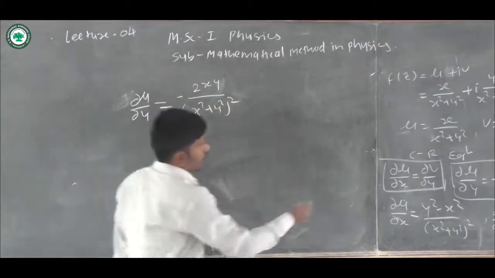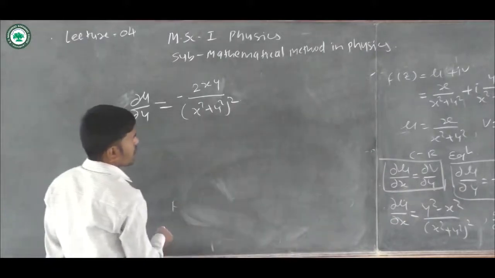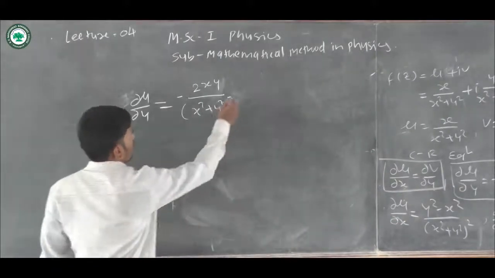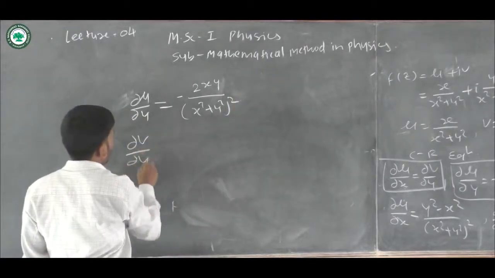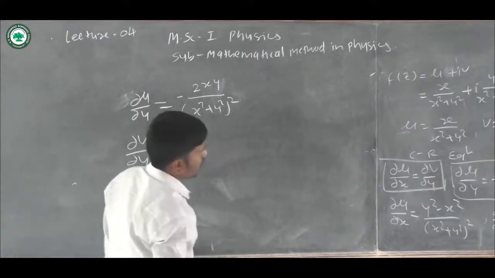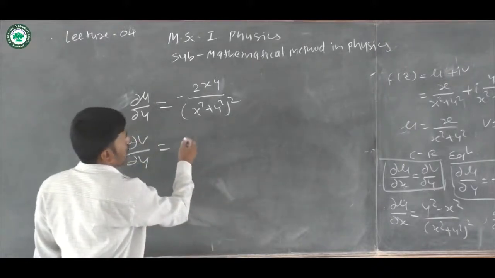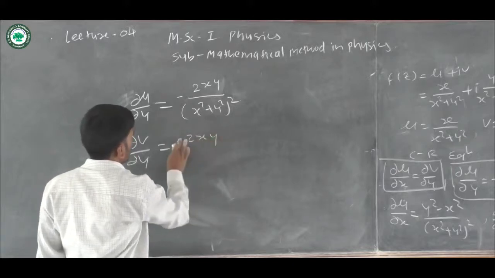This is for du by dy, and for dv by dx we also get the same thing, so it is minus 2xy, I think.